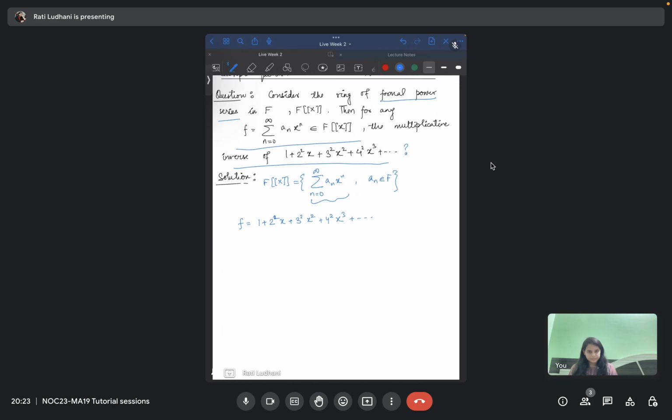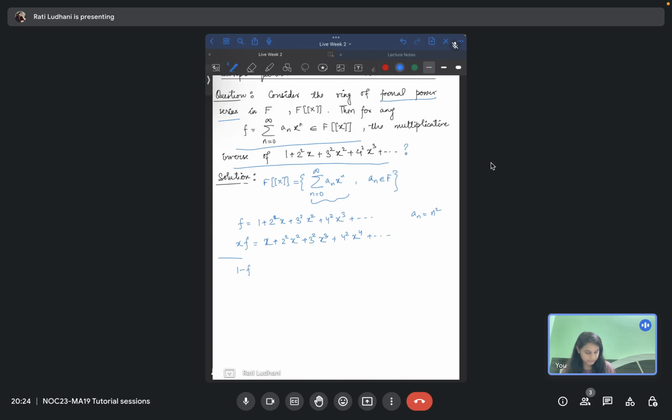The a_n is like n square here. Multiply by x, you will get x plus 2 square x square plus 3 square x cube plus 4 square x to the power 4, and so on.